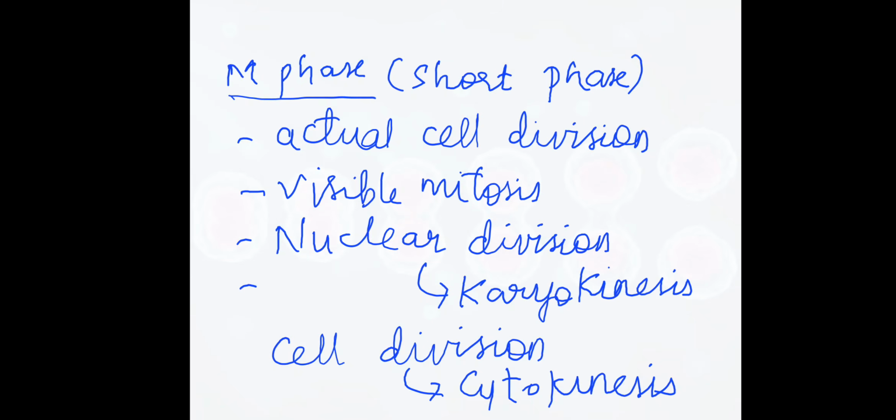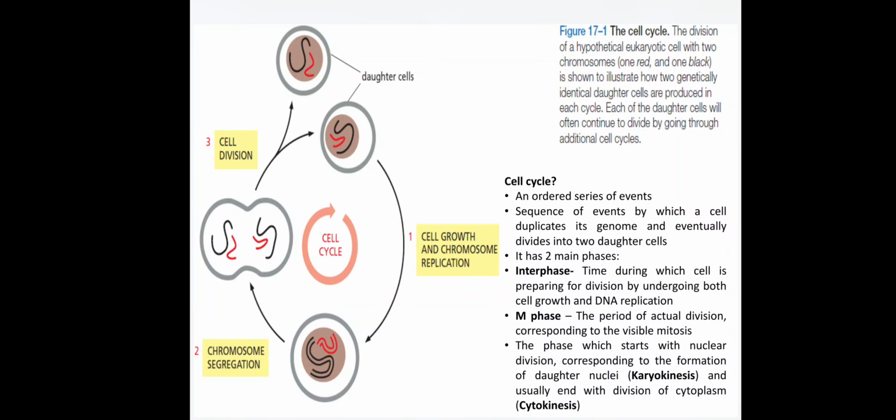We can remember this as the cytoplasmic division, which is known as cytokinesis. See here, cell cycle is an ordered series of events, a sequence of events by which a cell duplicates its genome and eventually divides into two daughter cells.